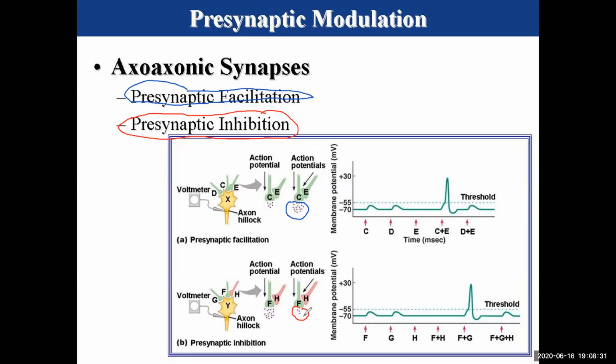Less neurotransmitter means less EPSPs: less ATP, less EPSPs; less glutamate, less EPSPs; less serotonin, less EPSPs; less ACh, less EPSPs, right? So we call these presynaptic facilitation and presynaptic inhibition.